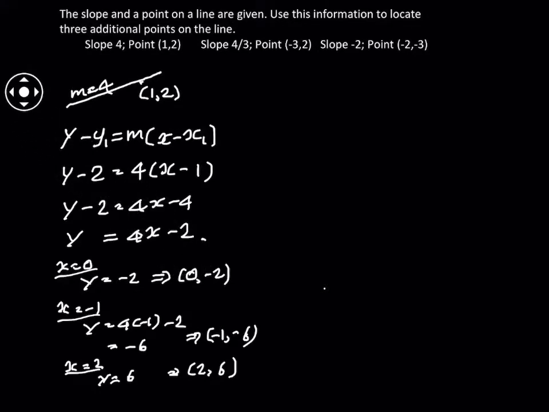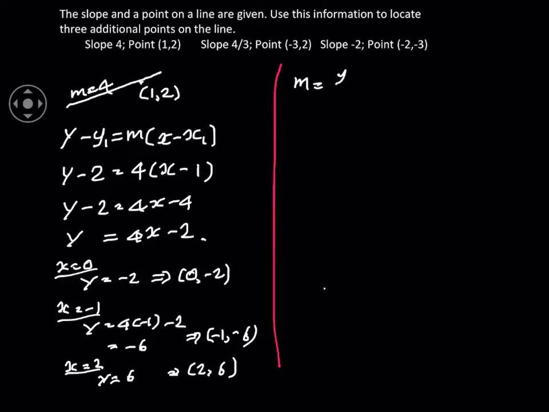And we can use another method, without drawing this and without finding the equation. How do we do that? Let me explain. What is the slope? We use m equals y2 minus y1 divided by x2 minus x1.